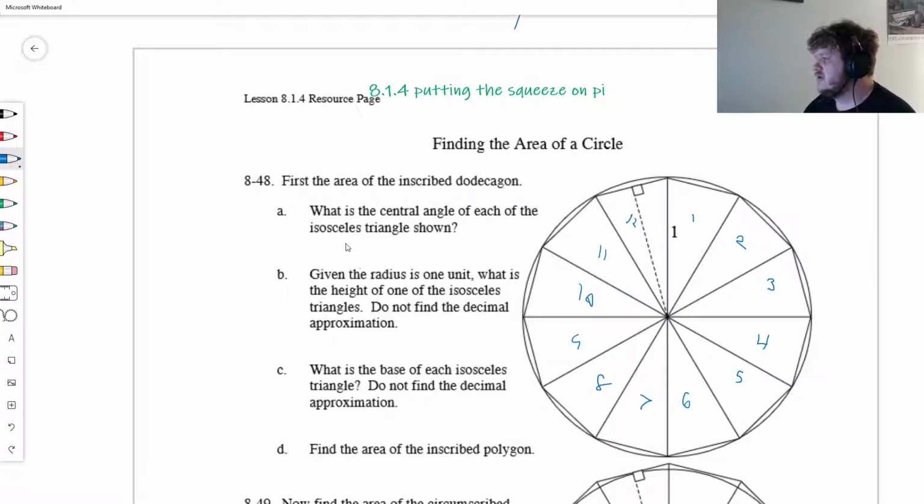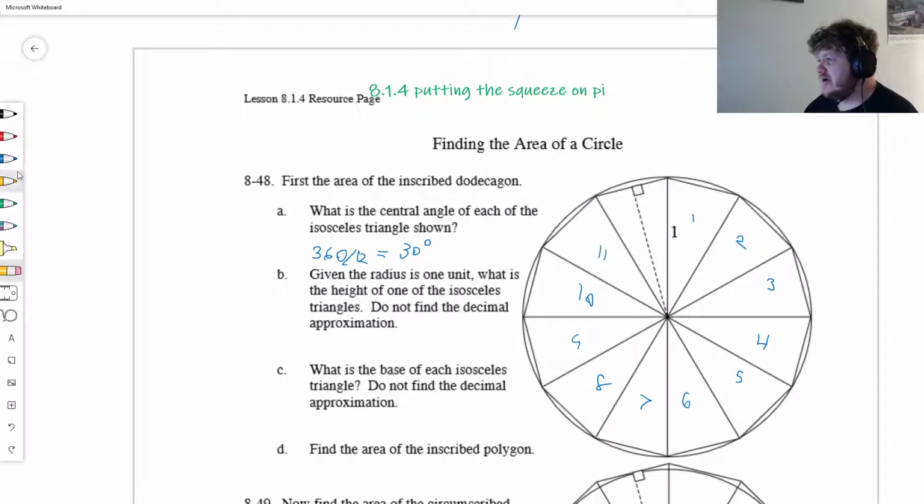Since there's 12 of them, we just do 360 divided by 12, which equals 30 degrees for each one. Now, given the radius is 1 unit, the legs of our isosceles triangle are 1 unit, and it wants to know what the height is.